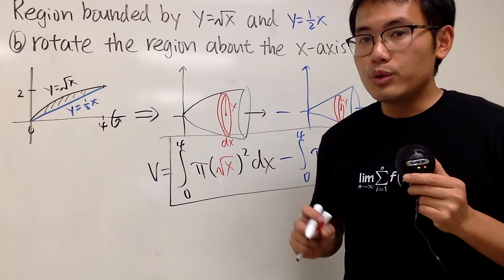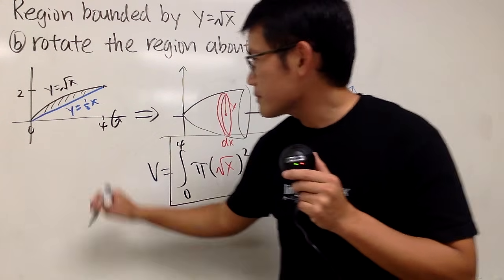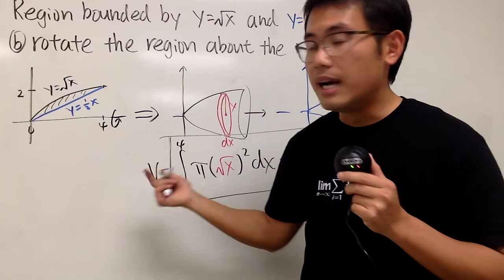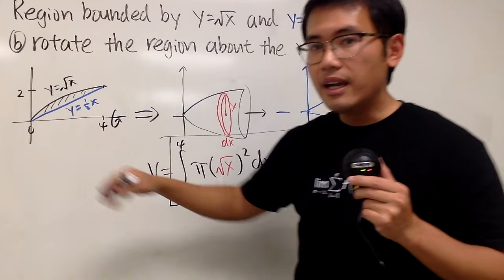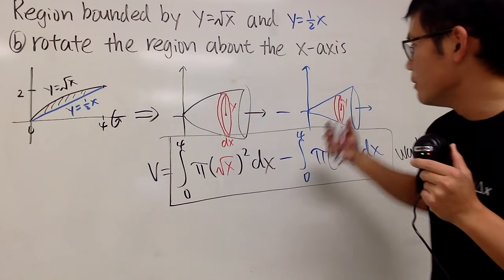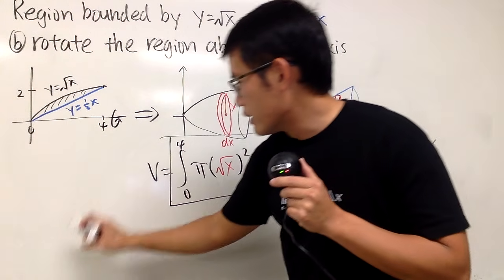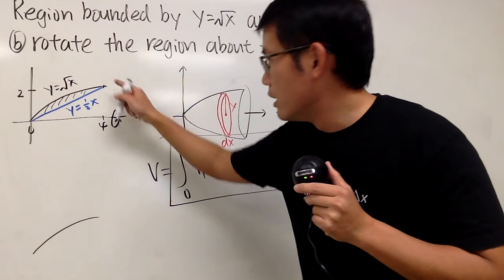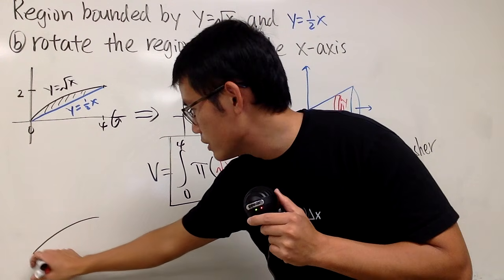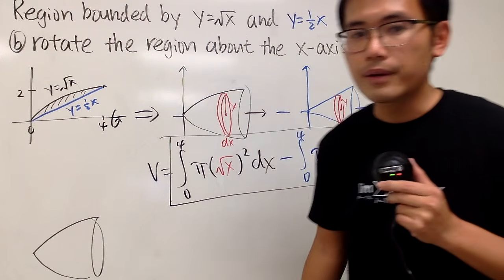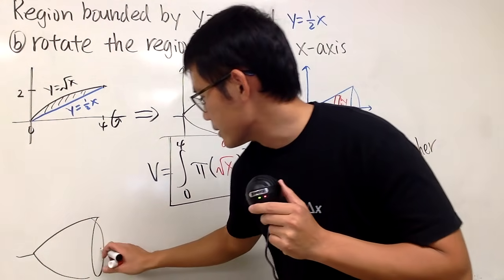Well, what if I want to use the shell method? Have a look here. What I do with the shell method is that I will just rotate it, and I'll give you a whole picture, which is the whole thing, but we have a hole in the middle. So again, I will just draw like this, right? And then I'll do the mirror image, and then I'll do like this, okay? And then I will stick this in.